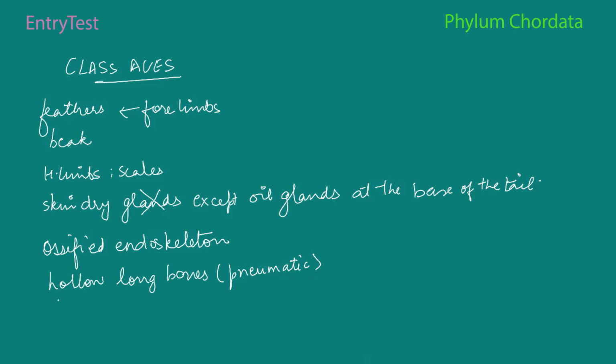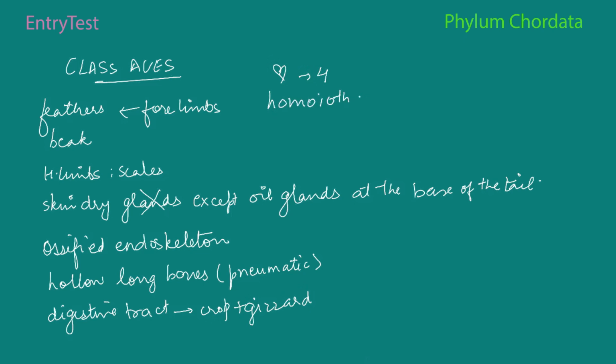Additionally, the digestive tract of birds has additional chambers. So the digestive tract has the two extra chambers, that is the crop and the gizzard. The heart is four-chambered. They are warm-blooded, that means homoiothermous animals.